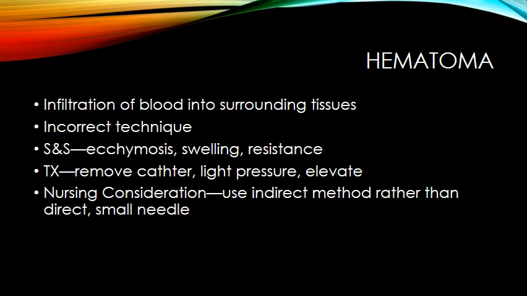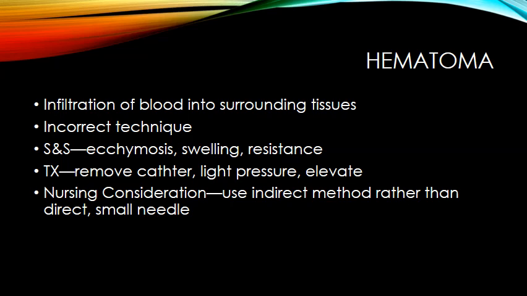You want to raise their arm or the extremity up on a pillow, and that will help with venous return. So you want to elevate the extremity. And you could apply ice to prevent any further enlargement of the hematoma, because we know that ice does what? It constricts.